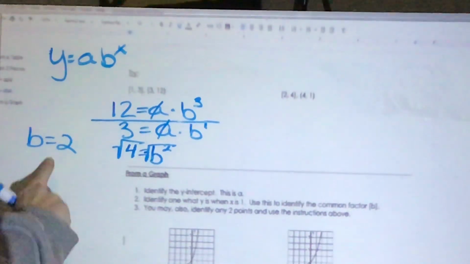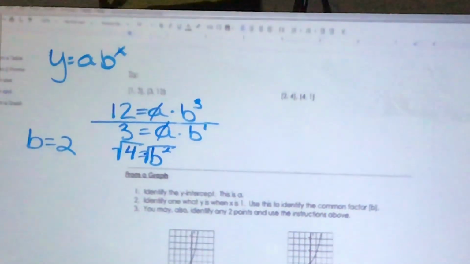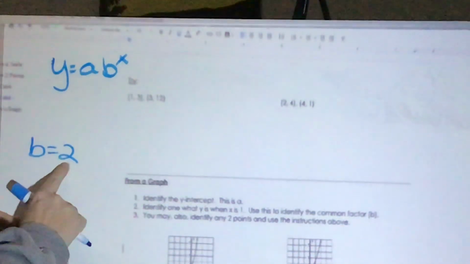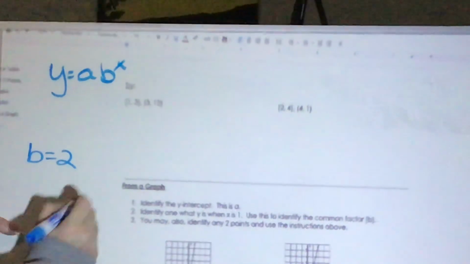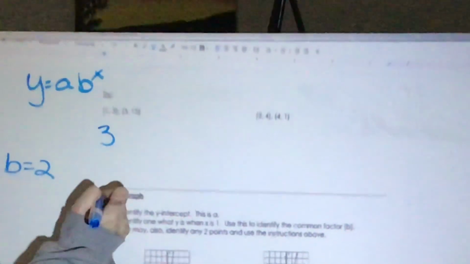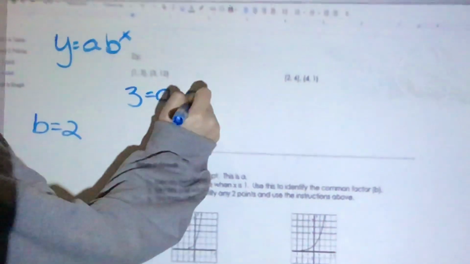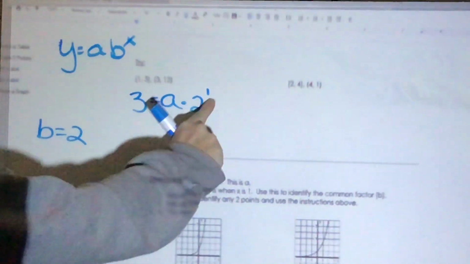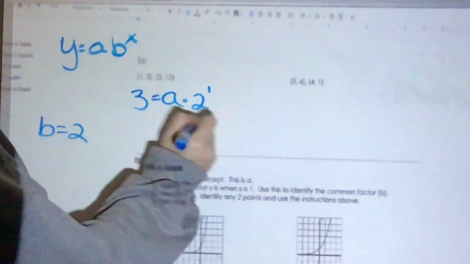So now I'm partway done. I have my b. Now I need to figure out my a. So to do this, I'm going to use that information and plug in again. And this time, I'm going to substitute my b for 2. So I'm going to take either point, and for this one, I'll use my smaller numbers. So when y is 3, a times 2 to the first power is what that equals. So I'm going to do 2 to the first power and get 2. 2 times a has to equal 3.